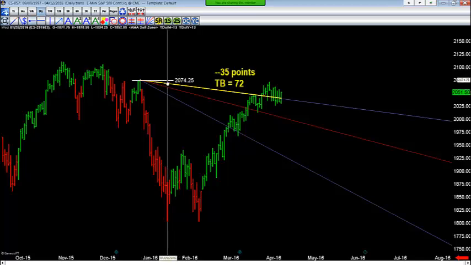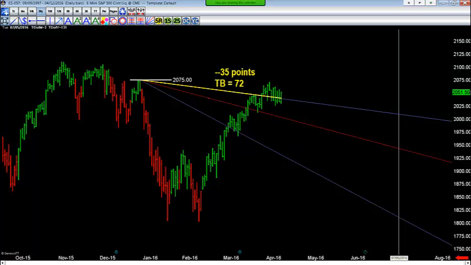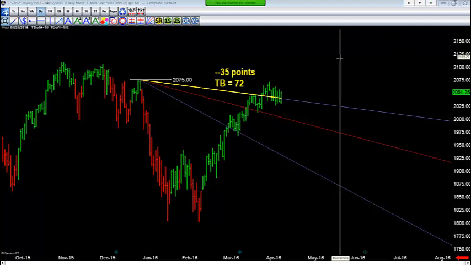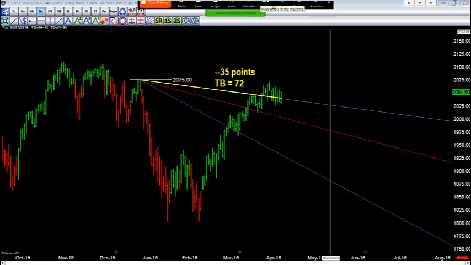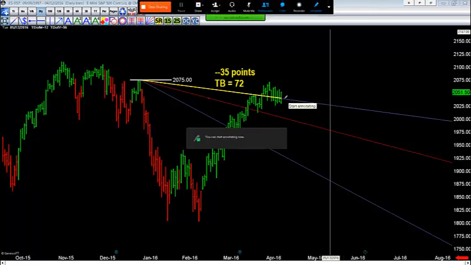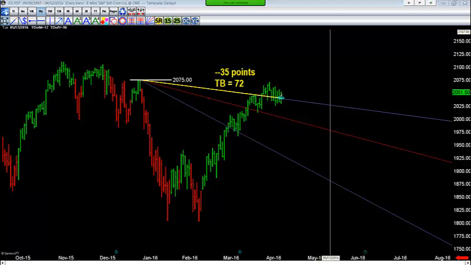This price is 20.75 up here. I want you to take 72 and divide it by 2, and you get 36. This is why I do it manually on the calculator, because I can't quite get my hand steady enough to stop exactly where that's at. Okay? But I get the bar count, and so I get 36.